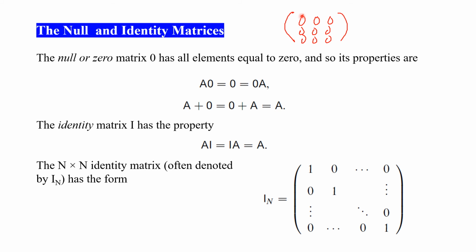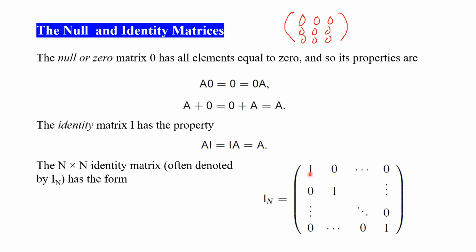The identity matrix I, on the other hand, has this property: if you have your matrix A multiplied by the identity matrix I, or your identity matrix I multiplied by your matrix A, that's just equal to A. The n by n identity matrix, often denoted by I_n, has the following form.